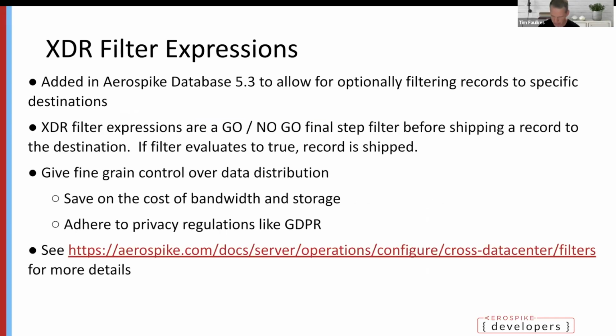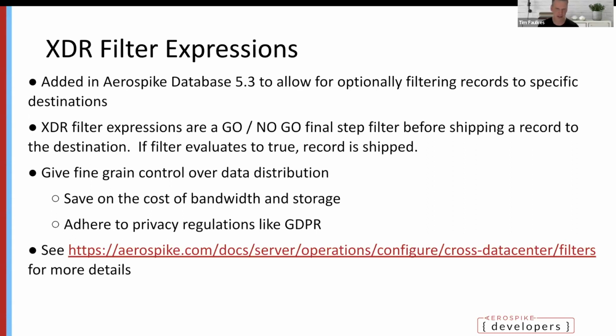The last sort of filters we're going to talk about is XDR filters. Now, I'm not going to go into a lot of detail on this. They're very similar to all the other filters we've looked at. But what happens is, as XDR goes to ship a record from a source to a destination, if you've put a filter on it, it will evaluate that filter before it sends the record. So it's a final go, no-go decision. Should I ship this record to the destination or not?